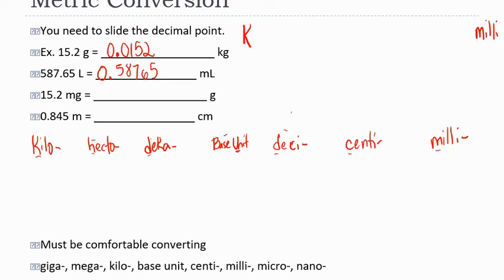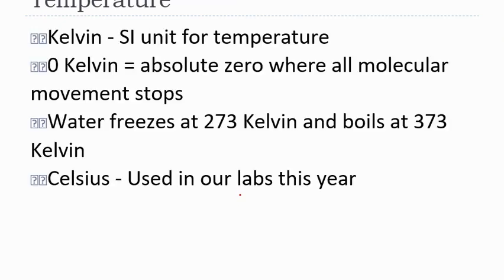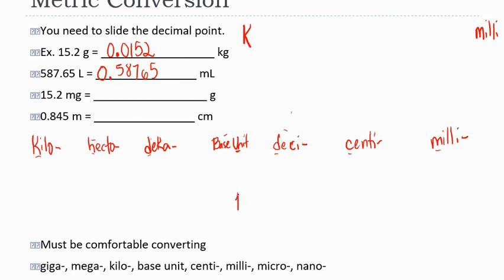All right. So here, our grams are going to be here. We're starting at milli, and we're going to move our decimal point 3 spots this direction. So your answer should have been 0.0152.